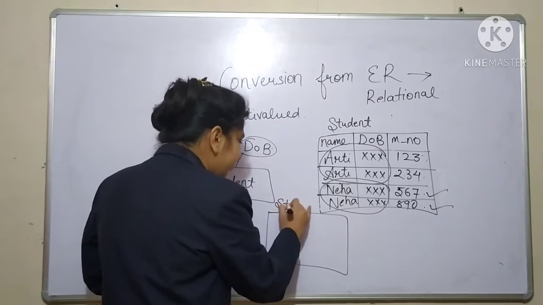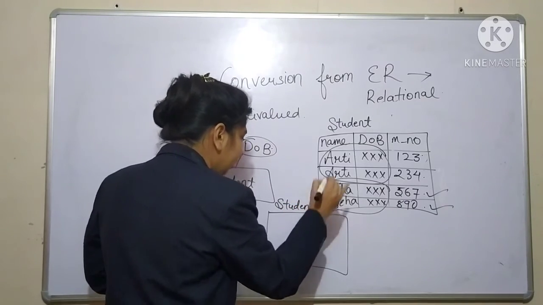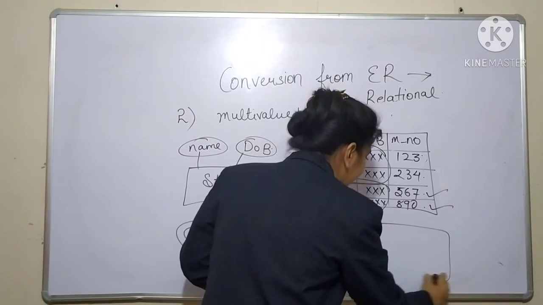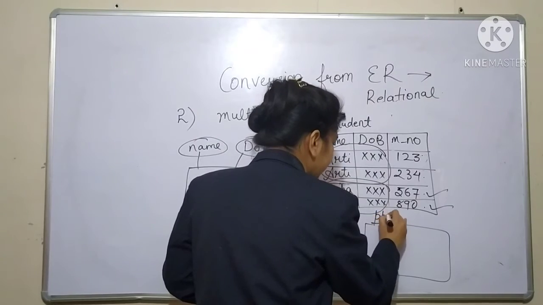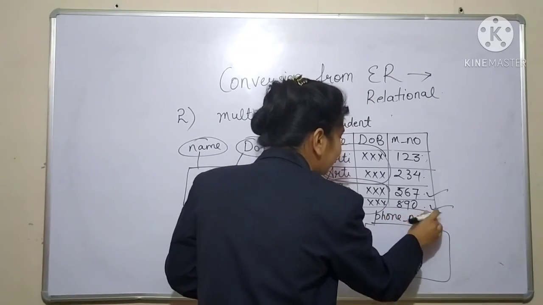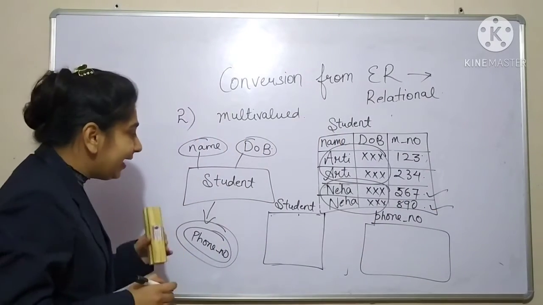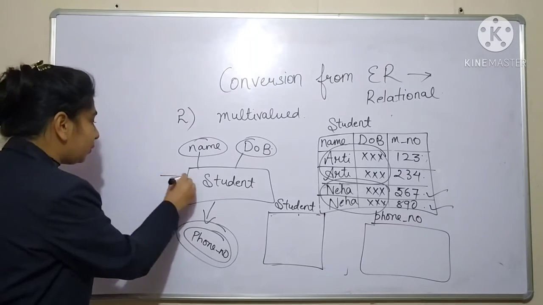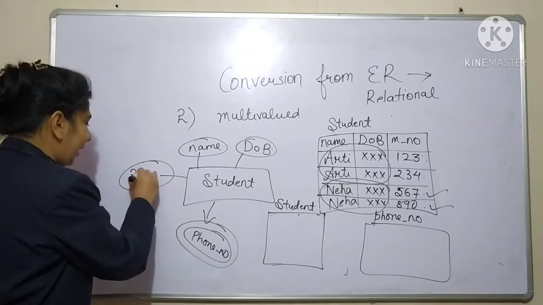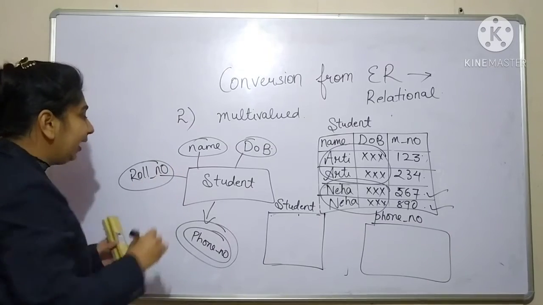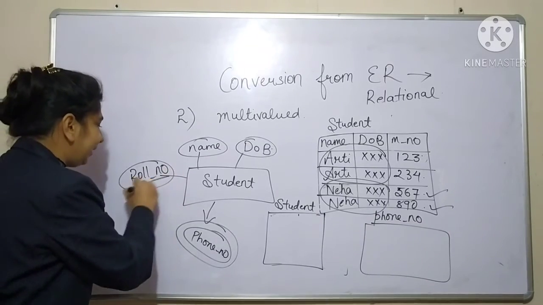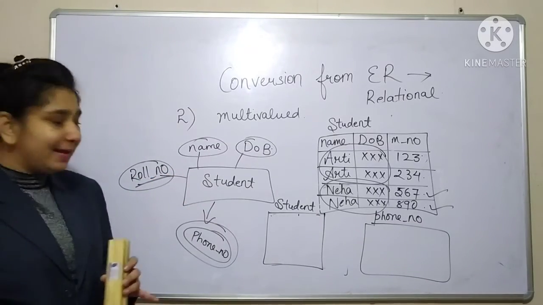One table we have is student. One table we have is for phone numbers. We are storing only the phone numbers. And let's assume that we also have one key attribute as a roll number. Okay. This roll number is acting as a key attribute for this entity.